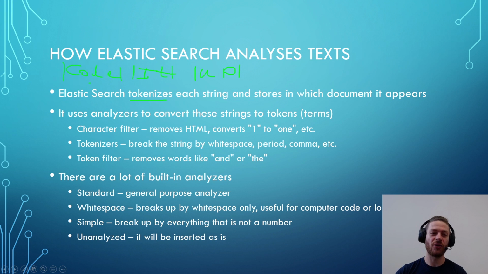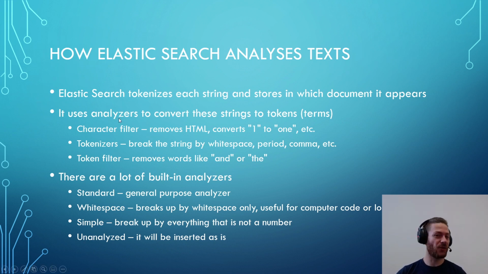So these three tokens will be created: code, it, and up. And if you, for example, have an exclamation mark here, this will not be a token because it's not that searchable, it's not that important. So depending on the analyzers, Elasticsearch will tokenize the data.